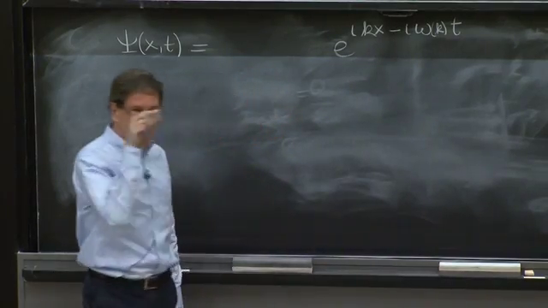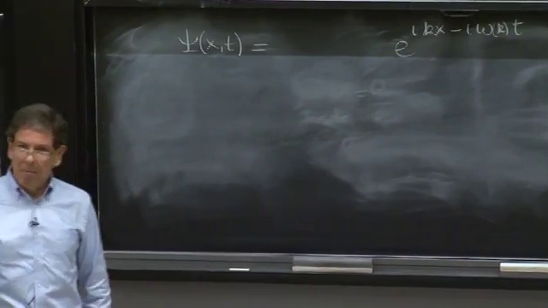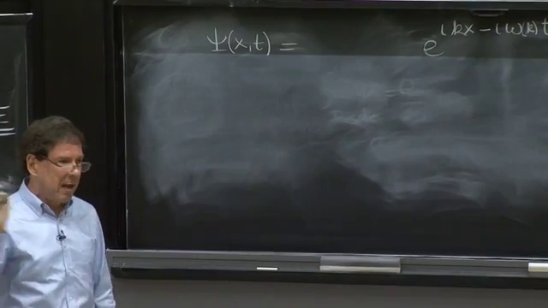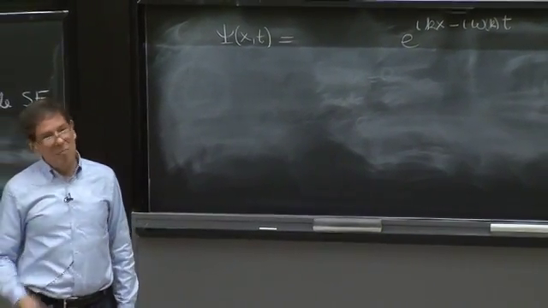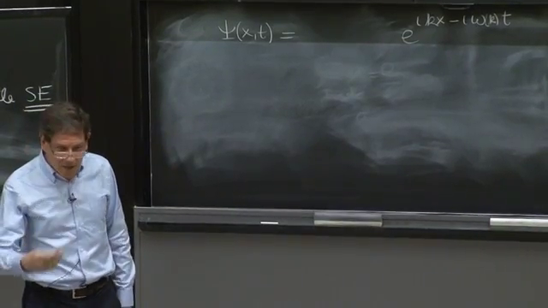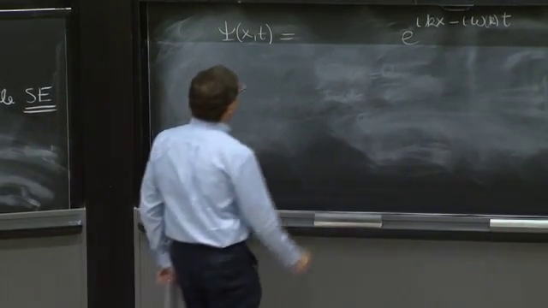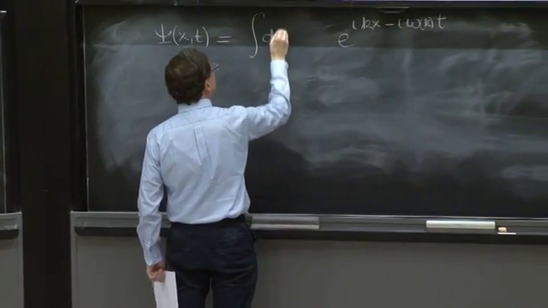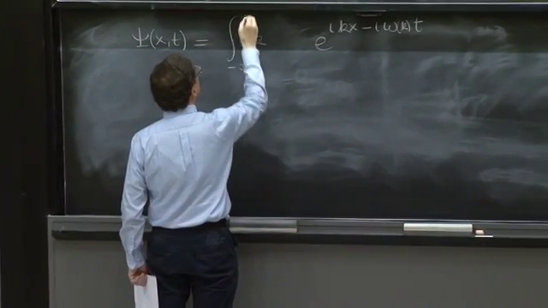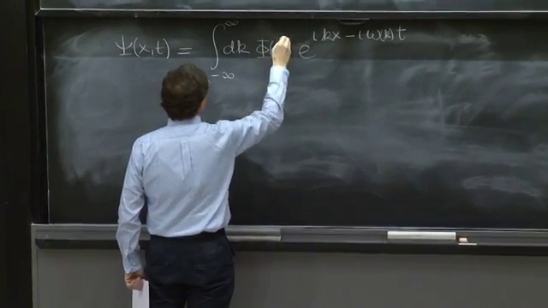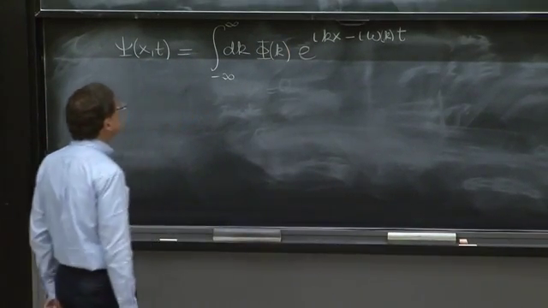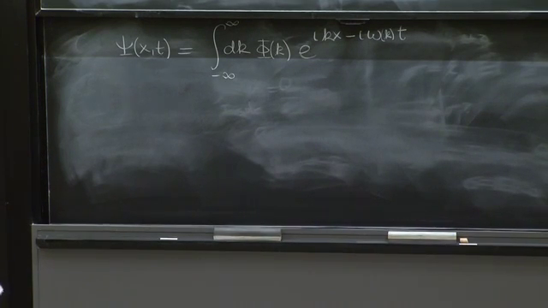You can choose different momenta and add them. So I can put a wave with one momentum plus another wave with another momentum, and that's perfectly okay. But more generally, we can integrate, and therefore we'll write dk from minus infinity to infinity, and we'll put a phi of k, which can be anything that's not part of the differential equation. Now, this is the general solution.